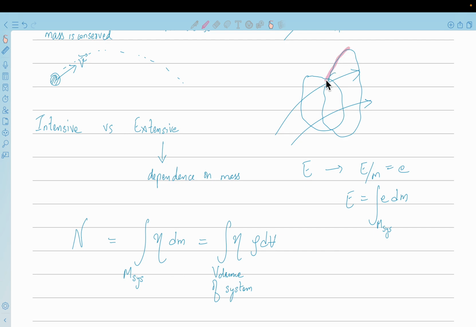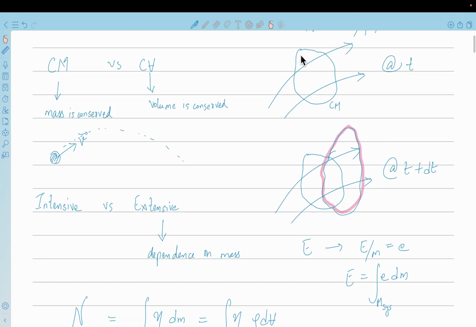Okay, so this was our new blob after time, so this is at time t plus dt. We started at time t, we had some fluid blob, and then at time t plus dt we had this new position, new volume of the fluid blob. So let us divide this into 3 regimes.